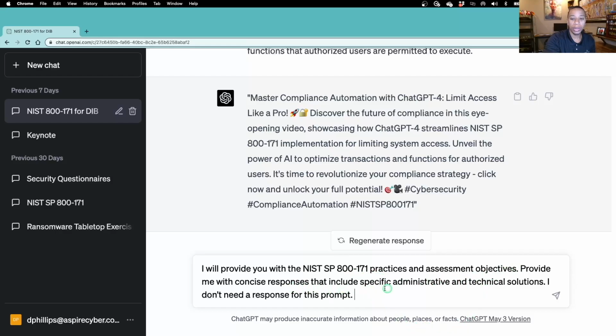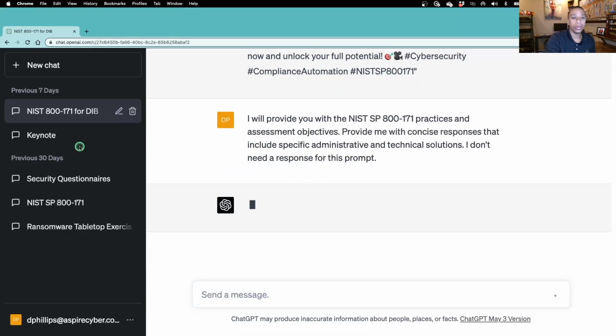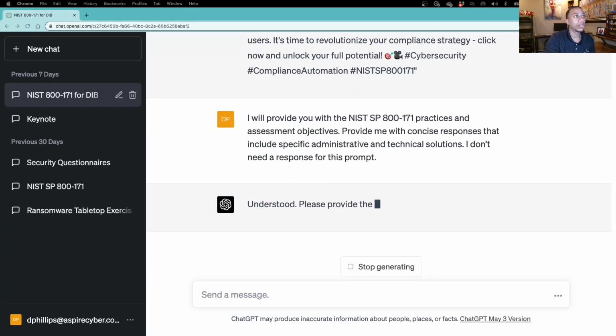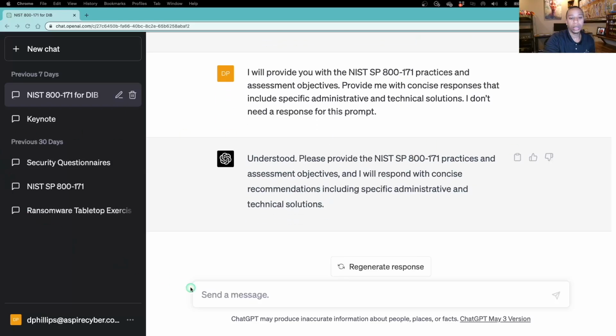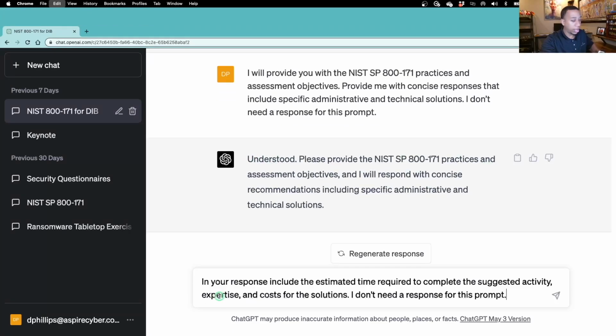I want you to include specific administrative and technical solutions, and I do not need a response for this prompt. All right, ChatGPT understands. And then the next one, I want to let ChatGPT know I want the estimates to include the time required, complexity, expertise, and cost for the solution.